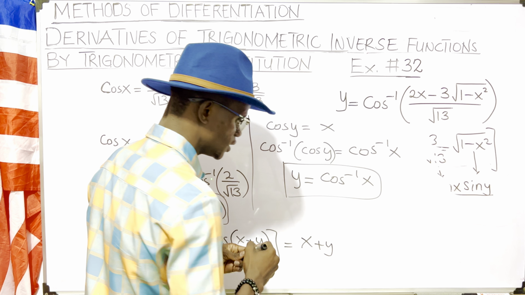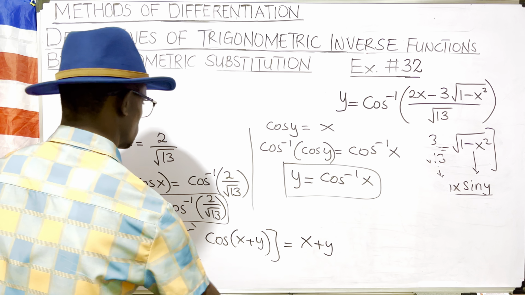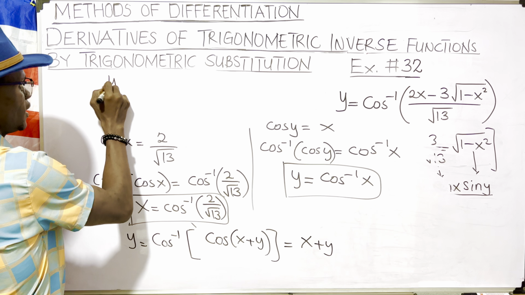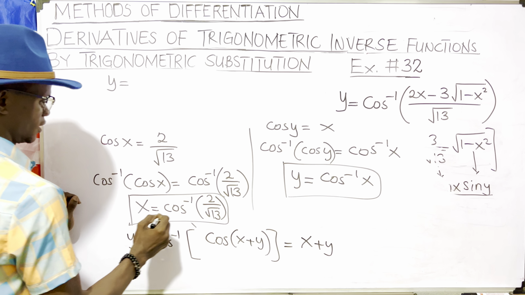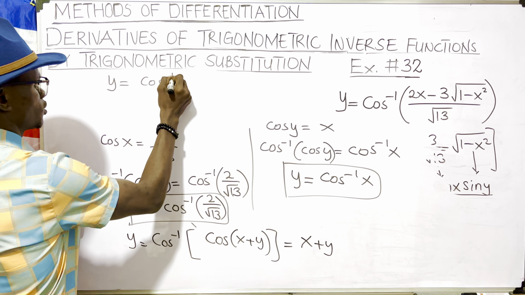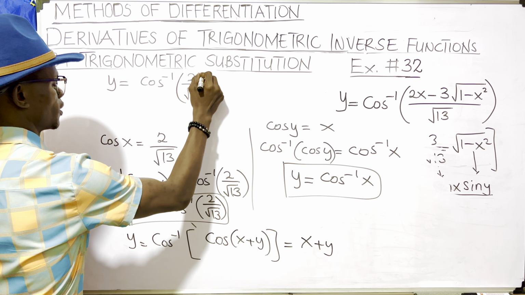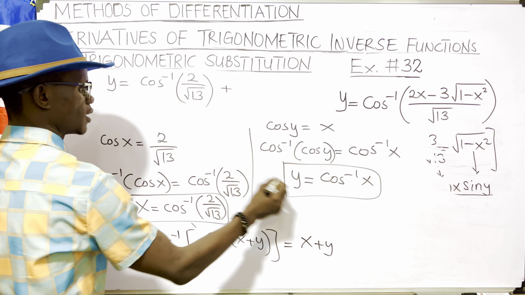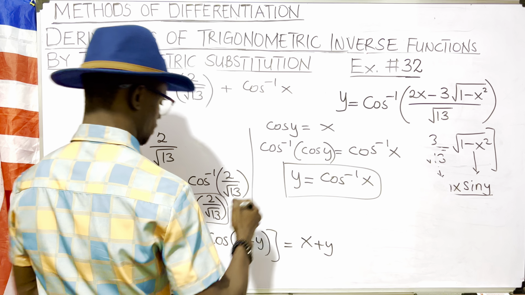We can now use these two values. So we have y equals x plus y, where x now is cos inverse of 2 over the root of 13 plus y is now cos inverse of x.